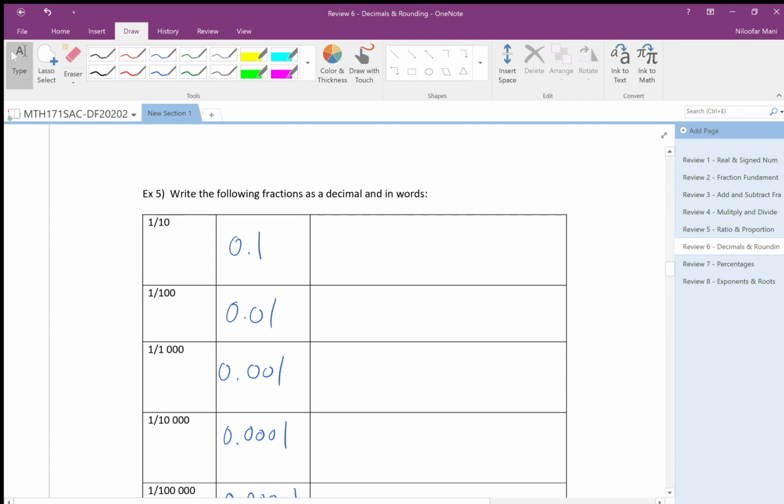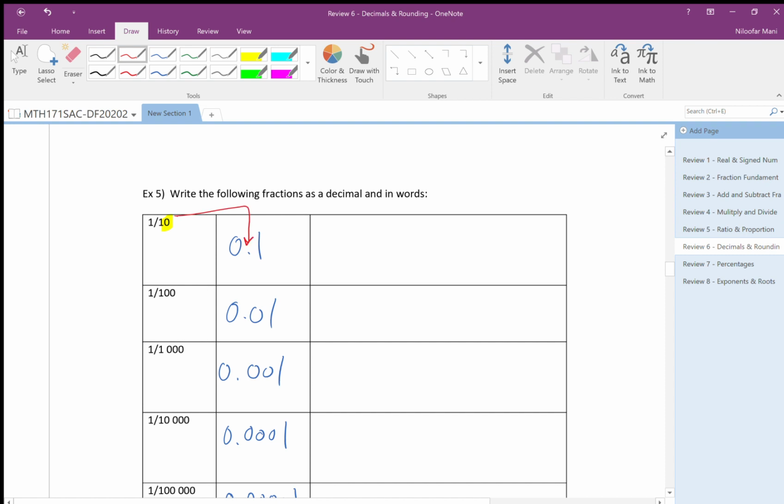When I have in the denominator, for example, 10, that's just 1 and 0. If I have 100, I do 2 zeros. But when I do 1 over 10 and want to go to decimal, you see 1 zero here, but you don't see any zero after the decimal, because the 1 over 10 helps you to make the decimal.